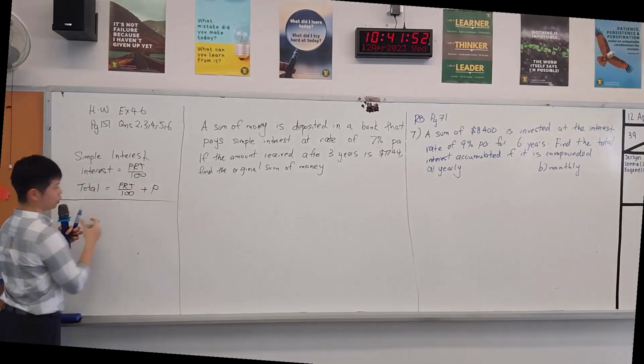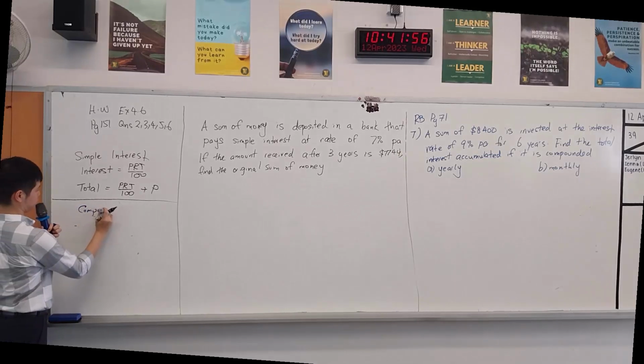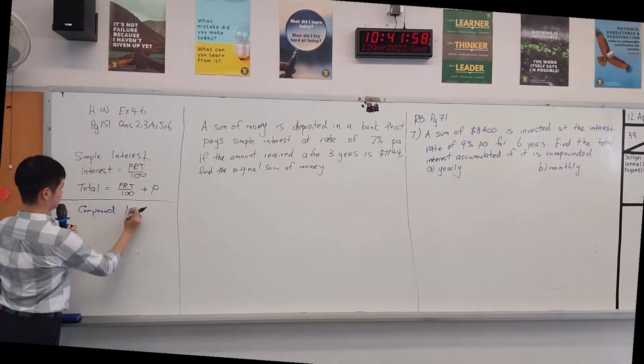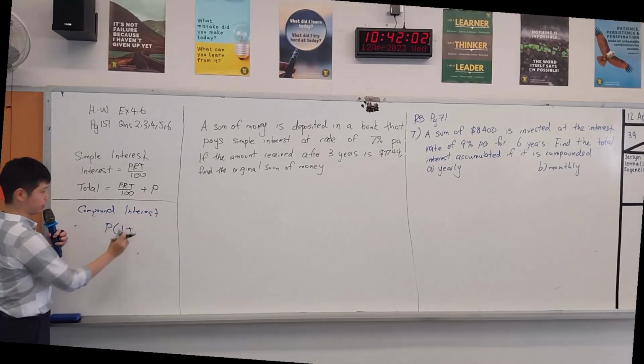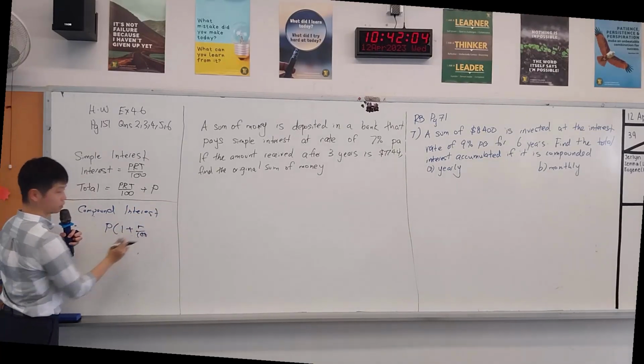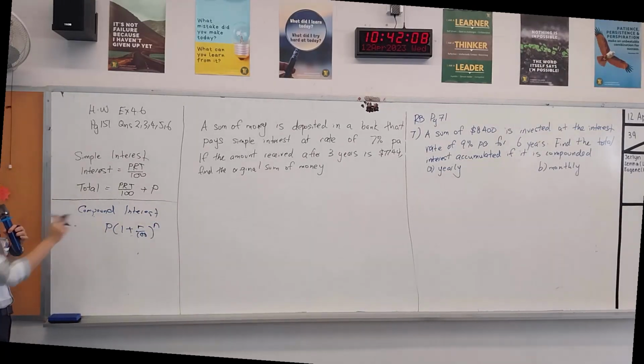All right. Next, for your compound interest, what's the formula? Okay, P bracket 1 plus R over 100 bracket to the power of N. What is this for?